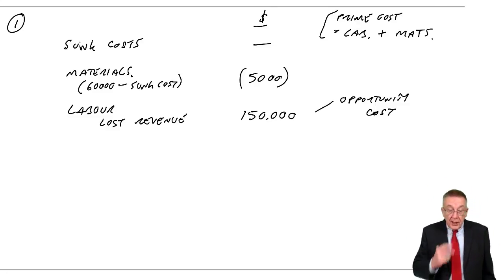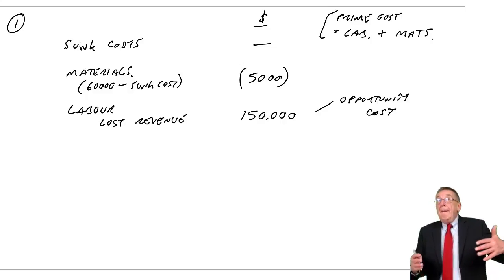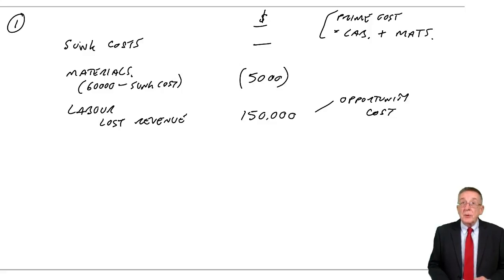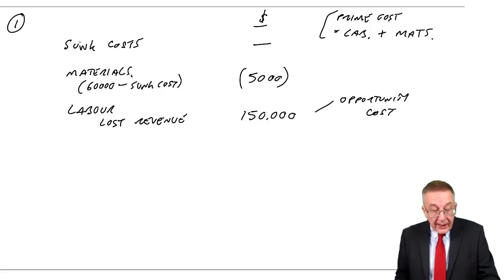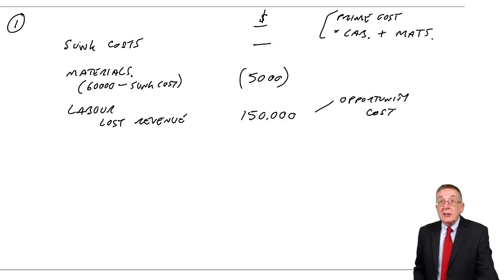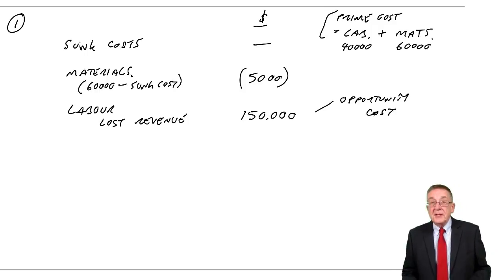It says the prime cost of those sales, we've already said, if we do the project, we're not able to earn the 150,000 that we could have earned elsewhere, the revenue. But those sales would be costing 100,000. 40,000 of it is for labour. And so 60,000 would be for materials.